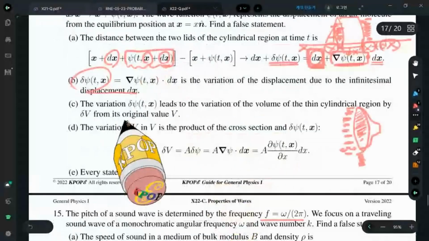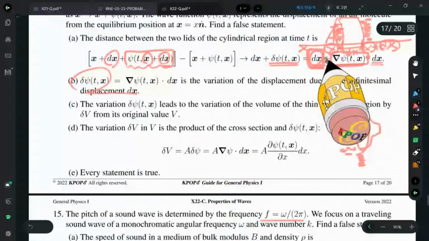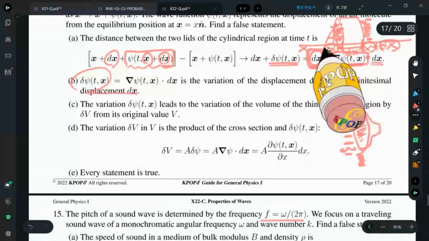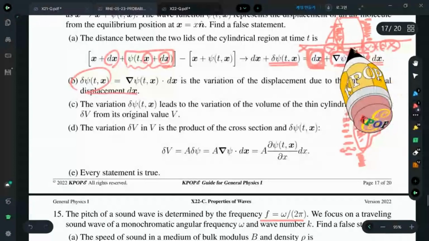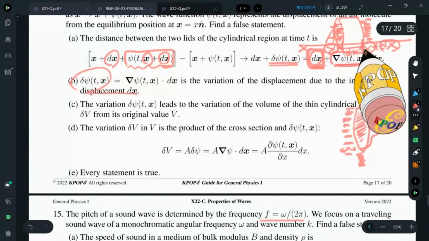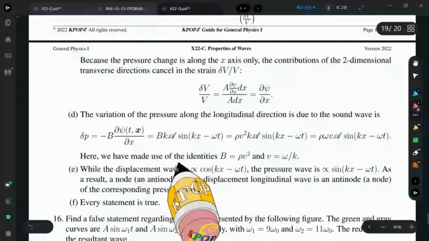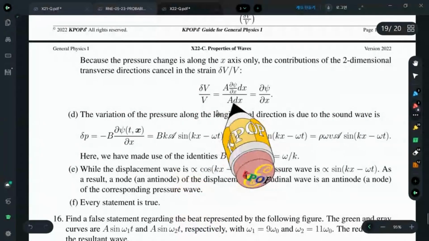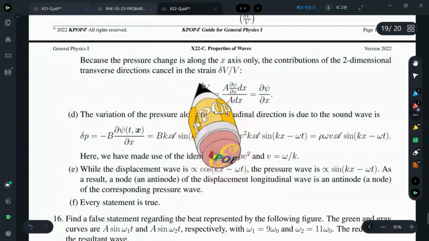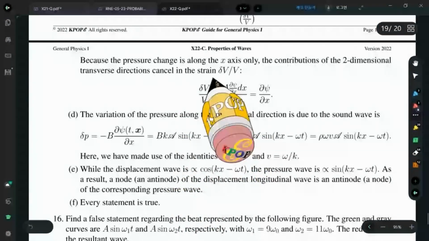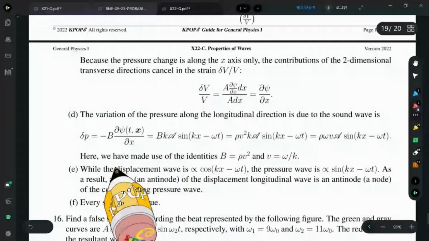Just what we have computed for the change in the fluctuation of air molecules within the thickness of dx, that is to be included to find the change. It is a kind of strain, the strain due to the fluctuation of air molecules.